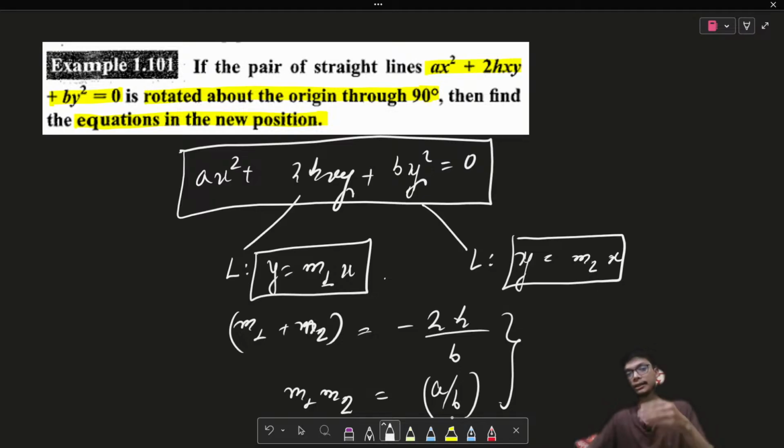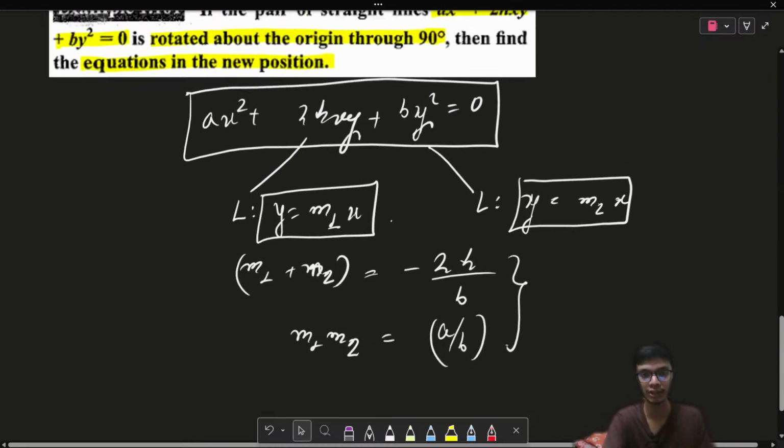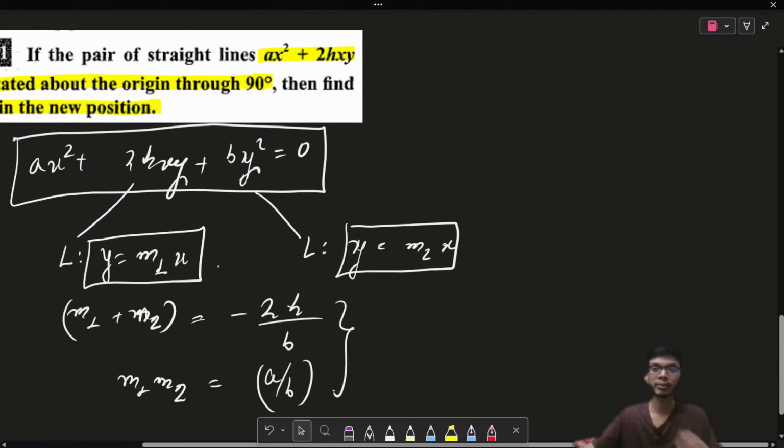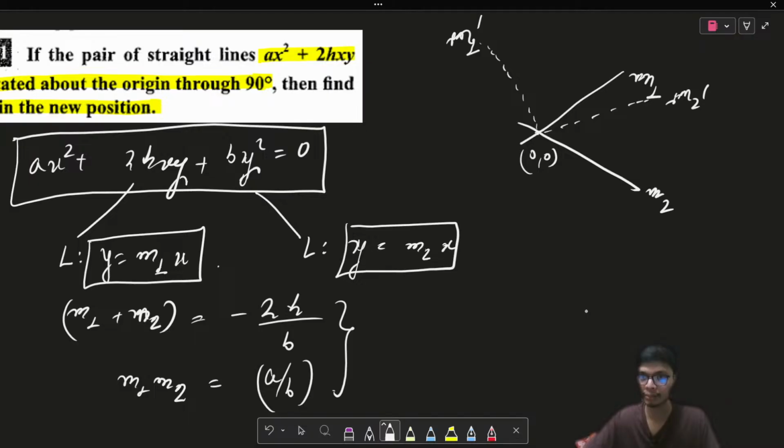Now when both lines of the pair are rotated by 90 degrees, let us consider this problem by a schematic diagram. Let us say these are my two straight lines passing through the origin, and let us call this particular slope m1 and this particular slope m2. What has happened now is that this line is transformed to a perpendicular line, let us say with slope m1 dash, and similarly this one is also rotated perpendicular, let us call it m2 dash, right?